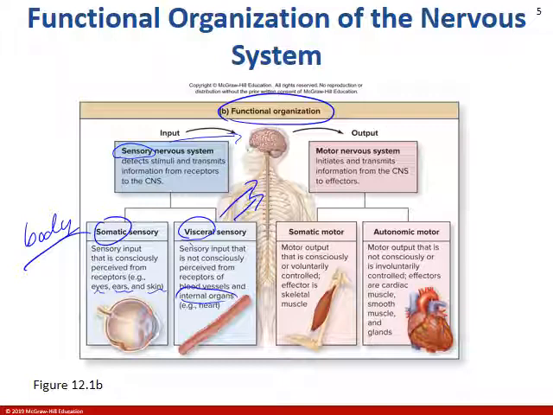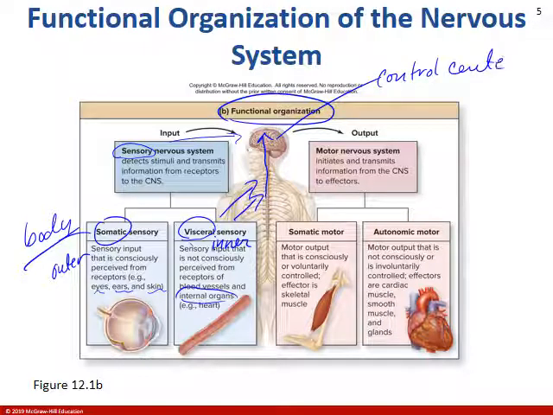So you can have kind of an outer message or an inner message, and those sensory messages are traveling through spinal nerves to the spinal cord and going up to the brain. Remember, your brain is your control center, so it has to decide what to do with that information. And then if the brain decides that it needs to move or cause some action to happen, it's going to send a message down the spinal cord and out the spinal nerve via the motor nervous system.